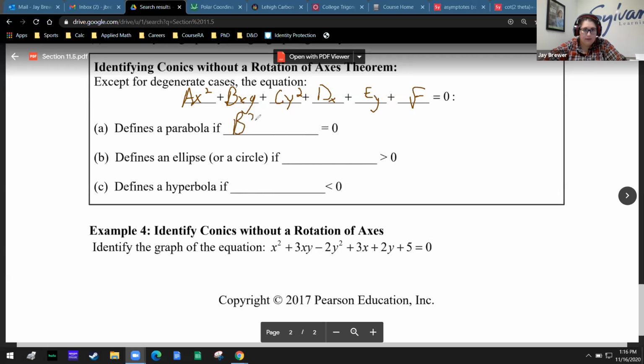We're going to take b squared minus 4ac. If it equals 0, you're going to have a parabola. If it's greater than 0, you're going to have an ellipse or a circle. And if it is less than 0, you will have a hyperbola.